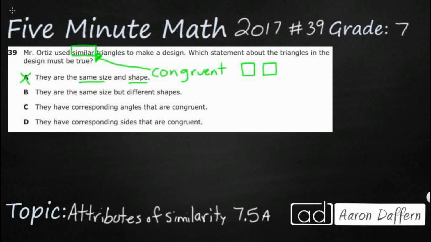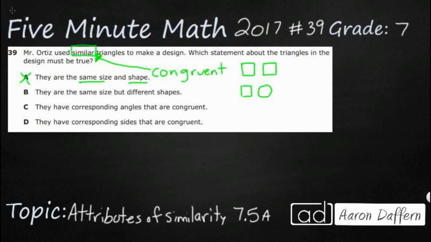So B, they are the same size but different shapes. Let me try to draw that for us here. Let me say I've got this square right here, and I'll just draw a circle. They're about the same size, but they're different shapes. But if they're the same size and different shapes, then they really have no relationship with each other.